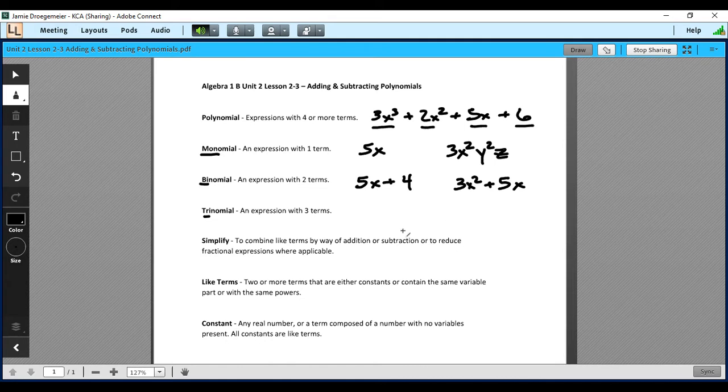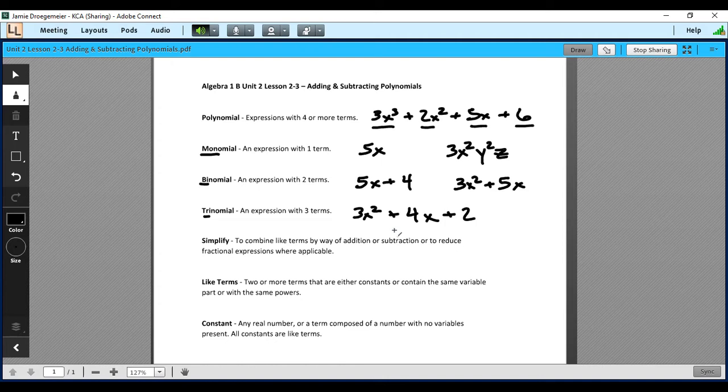A trinomial has three terms. We'll see a lot of these when we talk about quadratics as we get further along in this unit, and you'll get that definition then.